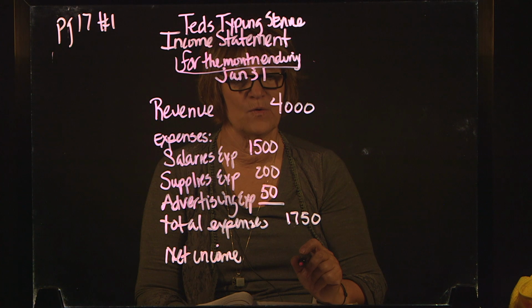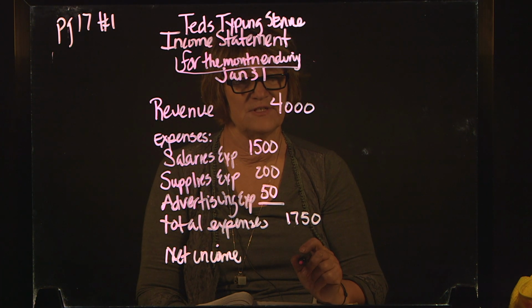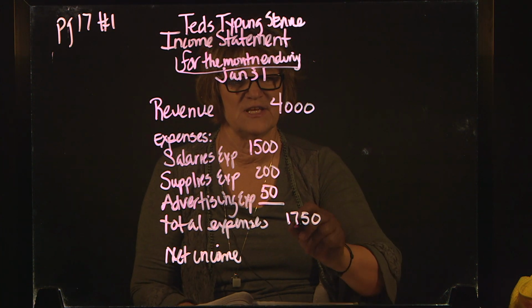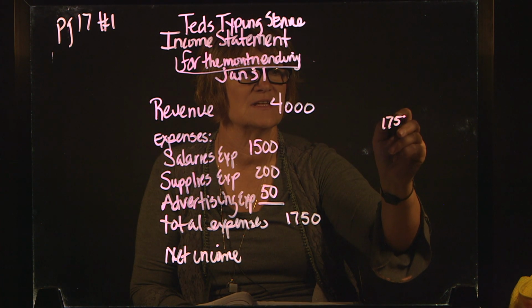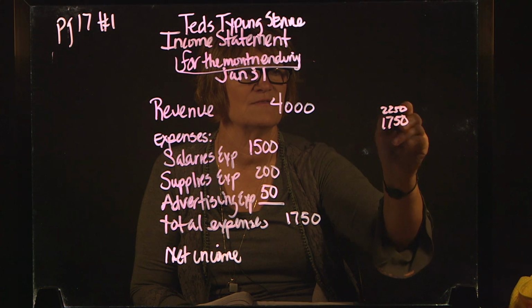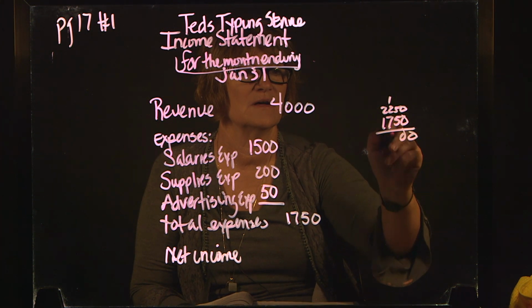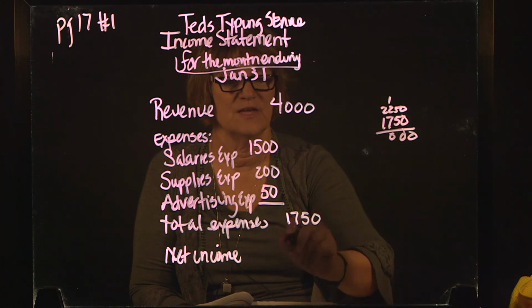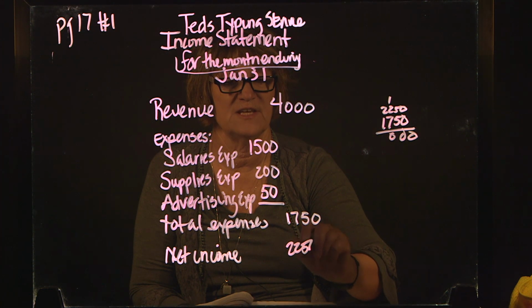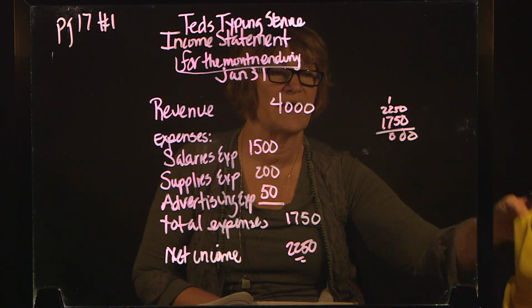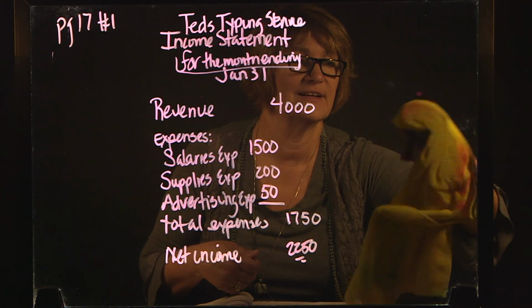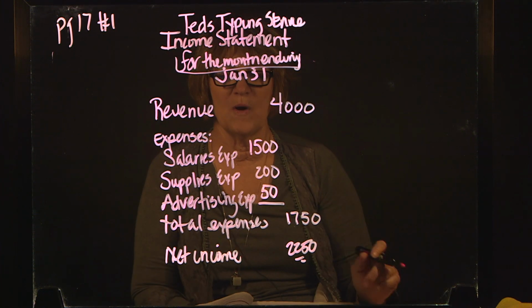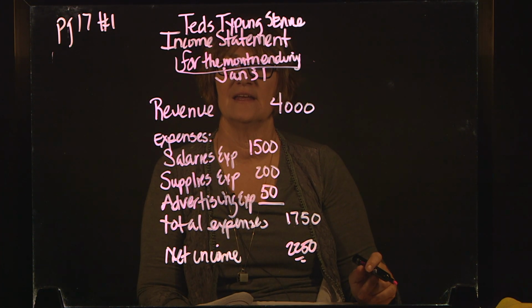If I do my quick math, $22.50. Let me make sure I do the math on the side. 17 plus 22.50. Yep. Okay. So 22.50. Please double check my math. I don't know if I did that right or not, but I didn't bring a calculator today, so there we are. So 22.50 is our net income.